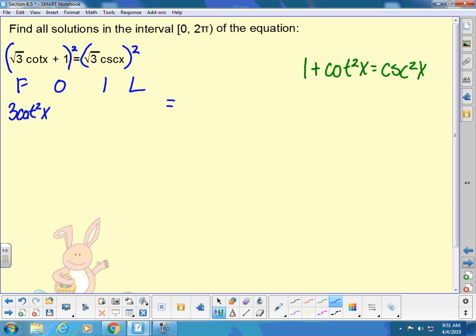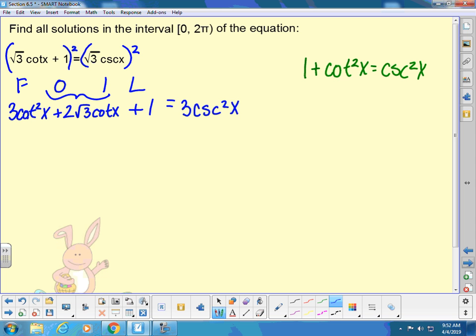Outside and inside are going to be the same thing, so I'm going to have 2 of them. Rad 3 cotangent times 1 gives me rad 3 cotangent, plus another rad 3 cotangent is 2 rad 3 cotangent, and the last terms are going to give me just 1. On the right side, it's a product, so you can just distribute the squared in. Rad 3 times rad 3, or rad 3 squared, is 3 cosecant squared.